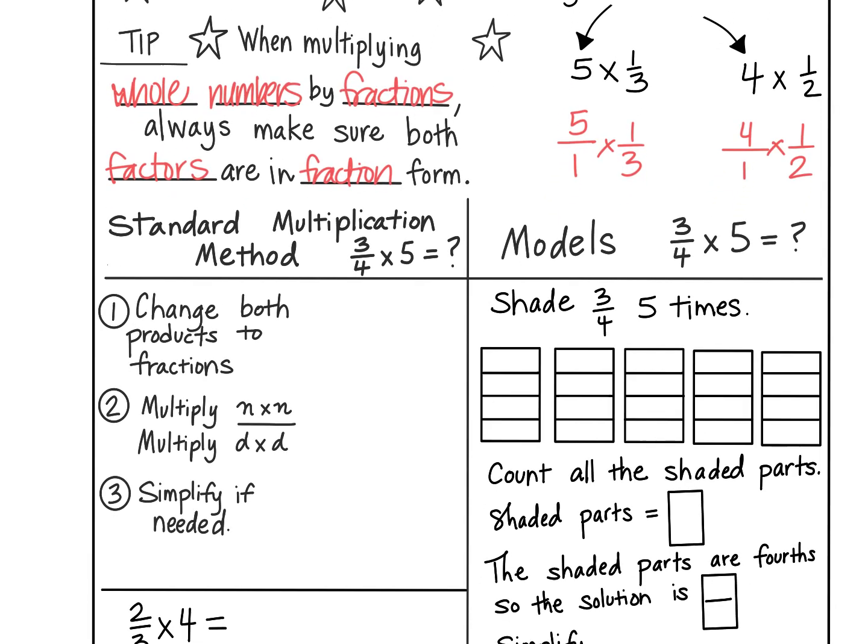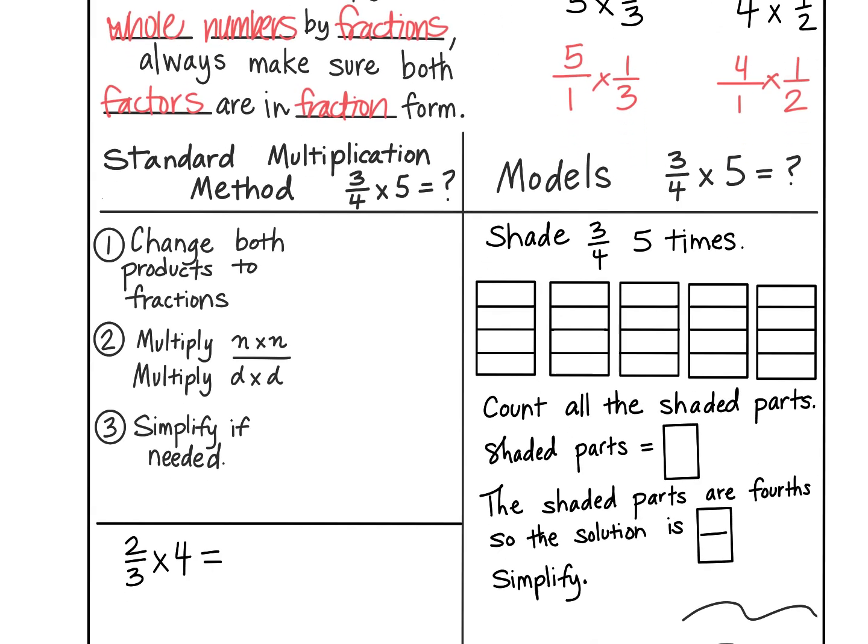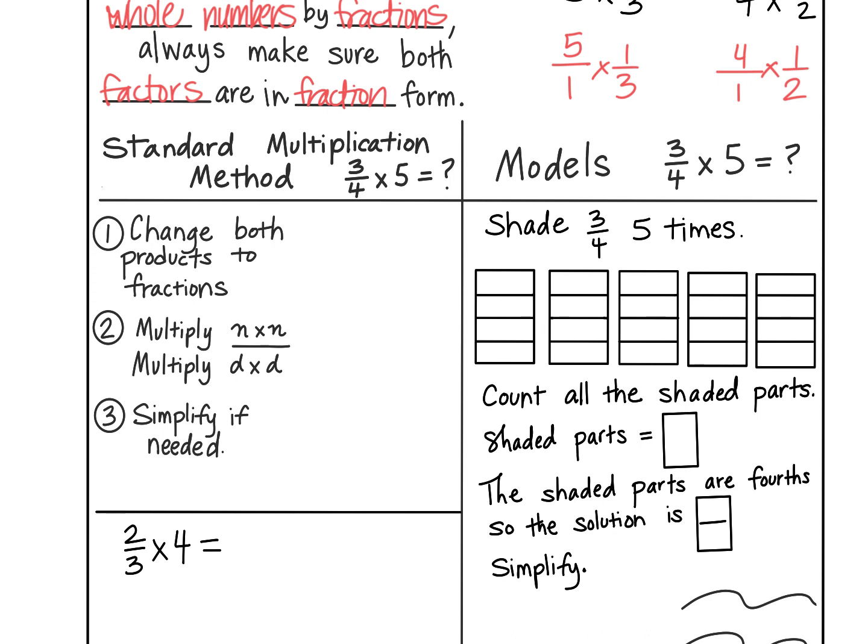So I'm going to do 3/4 times 5. And my steps over here tell me change both, it says products again, to fractions. So that just means numerator times numerator over denominator times denominator. So I'm going to start by writing my problem. 3/4 times 5 over 1.